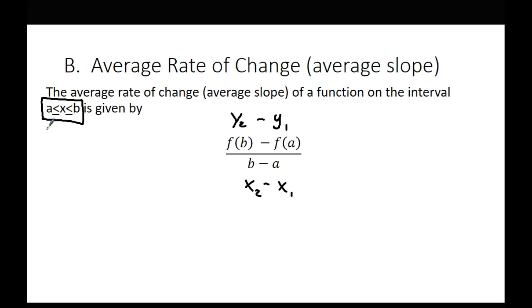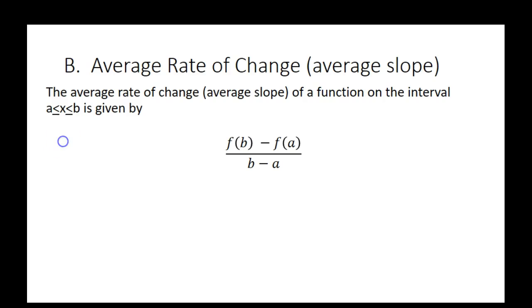If you pick this part of the function, you'll have one slope. If you pick a different part, you'll have a different slope. So we have to specify a particular interval. On the interval from a to b, the slope would be whatever the y value is at b minus whatever the y value is at a, over the difference between b and a, which is just y2 minus y1 over x2 minus x1. This slope formula, that's all it is. So don't let it look too fancy.